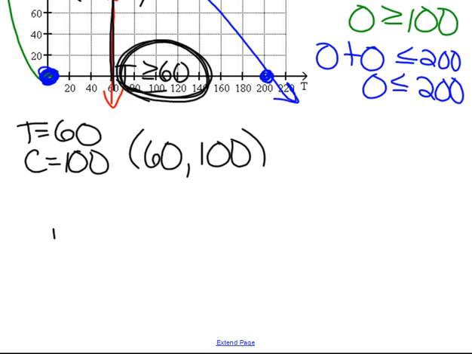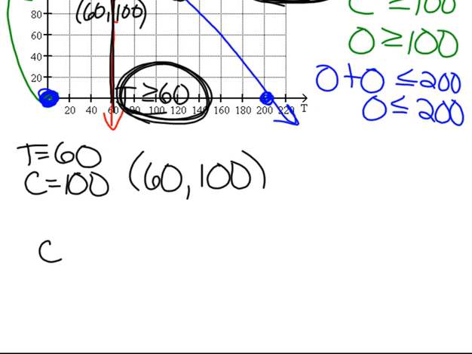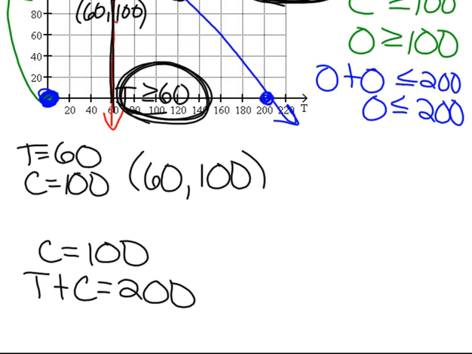Okay, so I have t, what did I say? I think I said that wrong. C is equal to 100. T plus c is equal to 200. I'm going to solve with substitution. And already I know what the c is going to be.